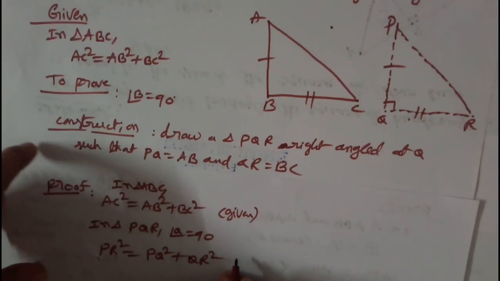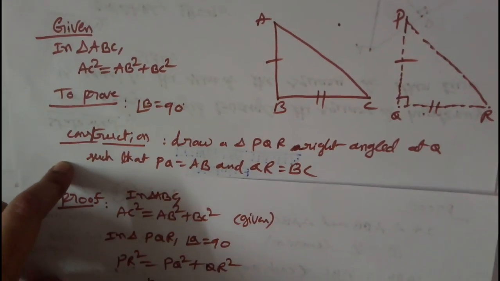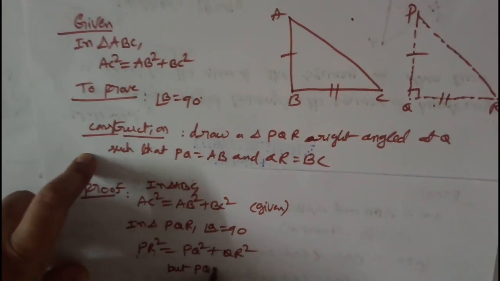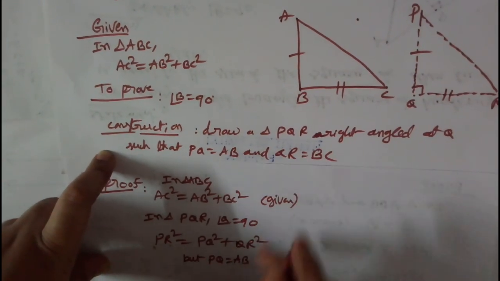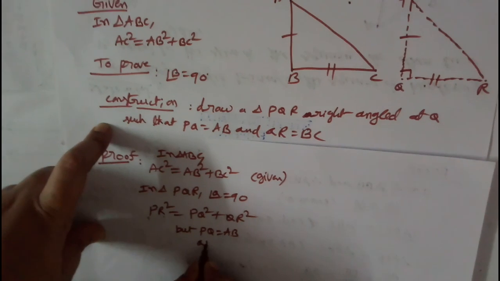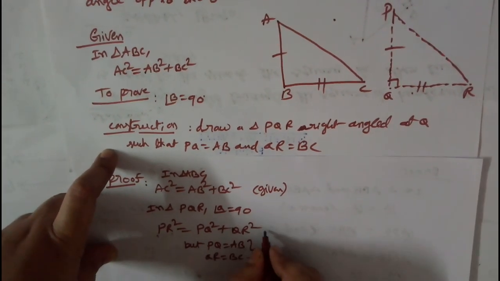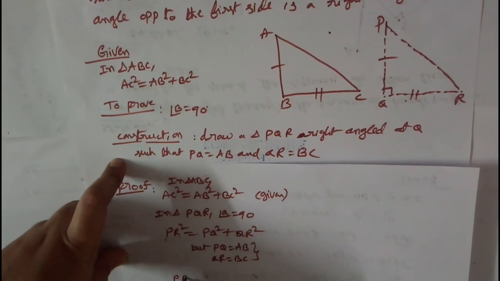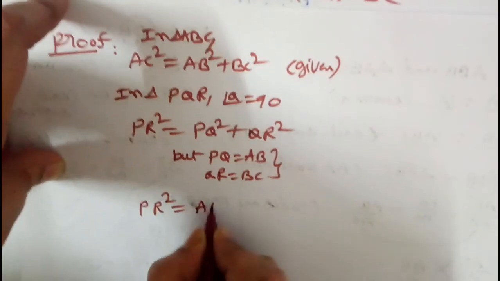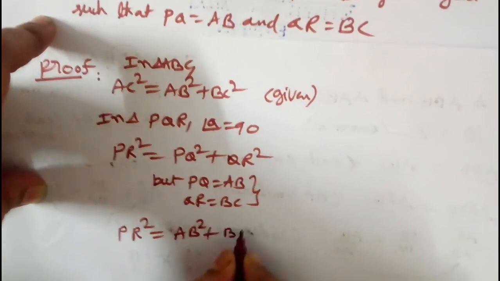But what is our construction part? PQ is equal to AB, and BC is equal to QR. So substitute these two in the equation. Then what will you get? PR square is equal to, in the place of PQ, AB square, and in the place of QR, we can add BC square.